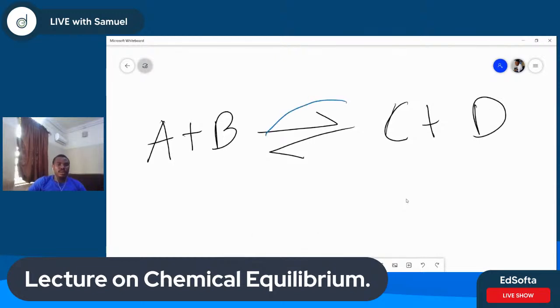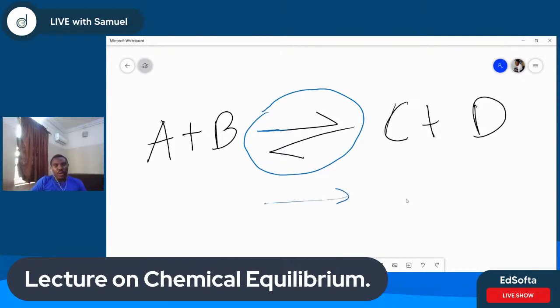This sign means that the reaction can go in whichever direction. It can either go forward or it can go backward. So it can either go in the forward direction or go in the backward direction. That's why we say we have a forward reaction and a backward reaction.